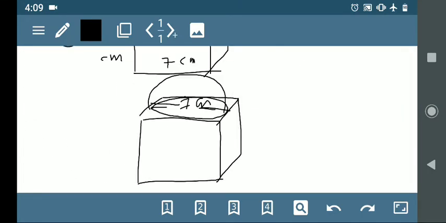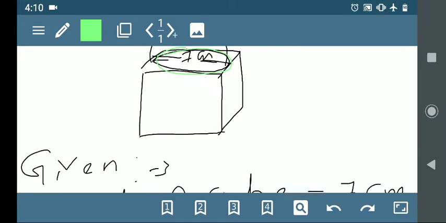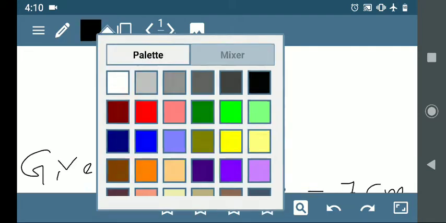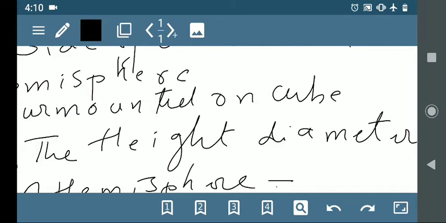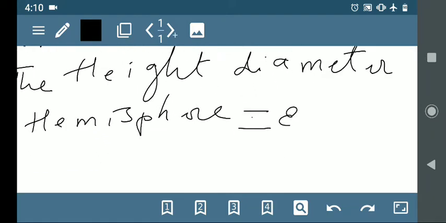When the hemisphere is surmounted on a cubical block, then its diameter must be equals to length of the edge of a cube, that is 7 centimeter, equals to edge of cube.